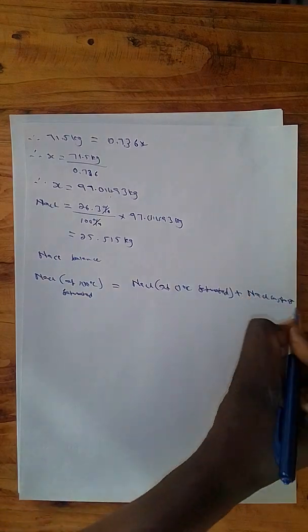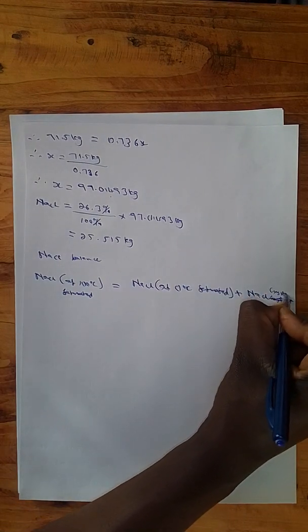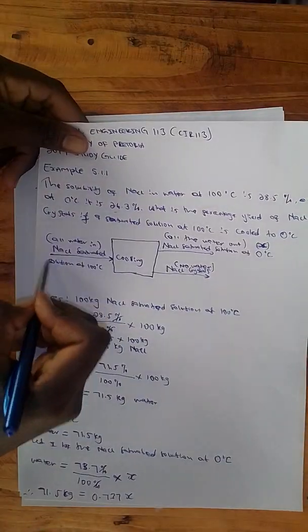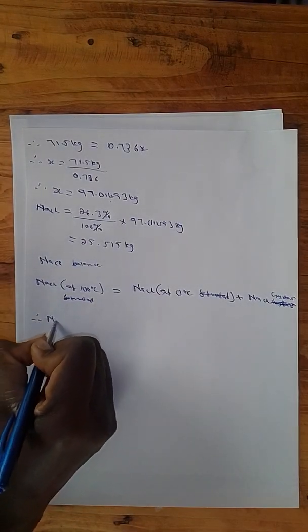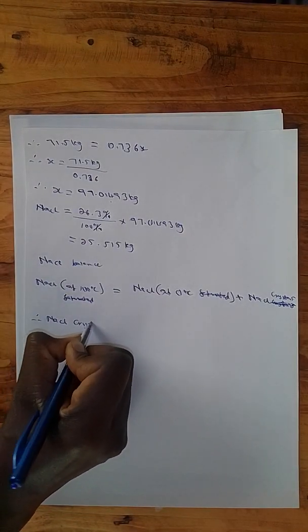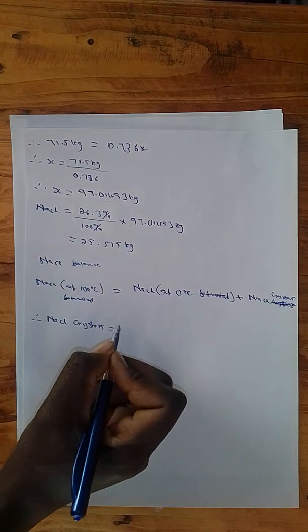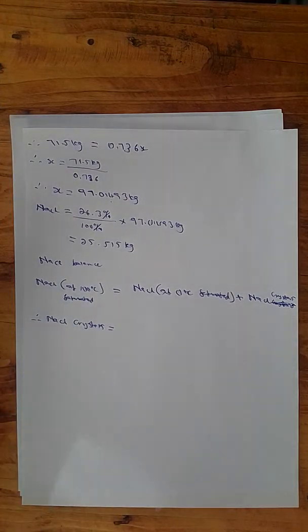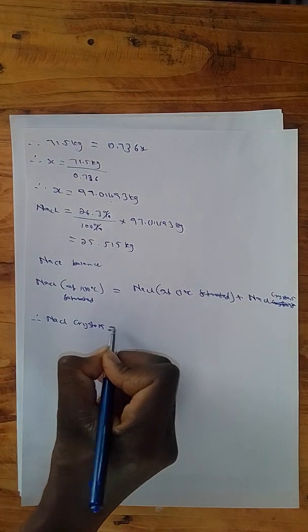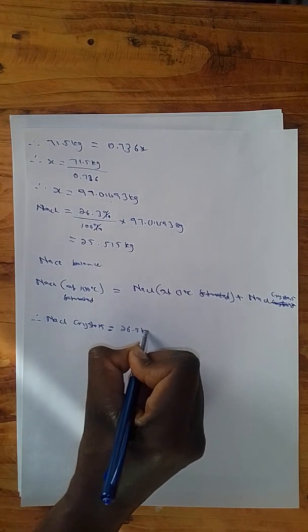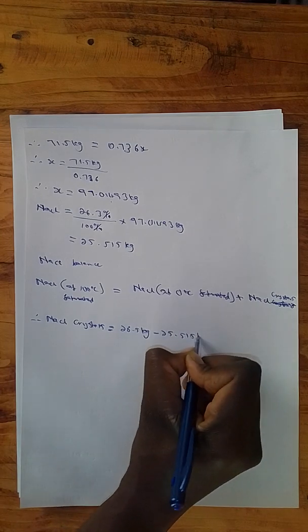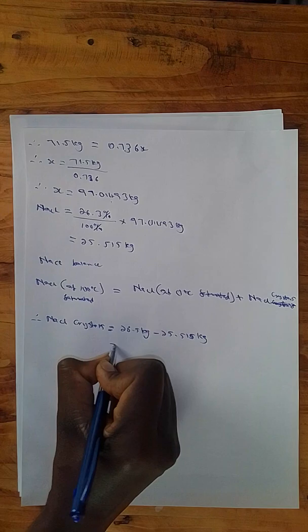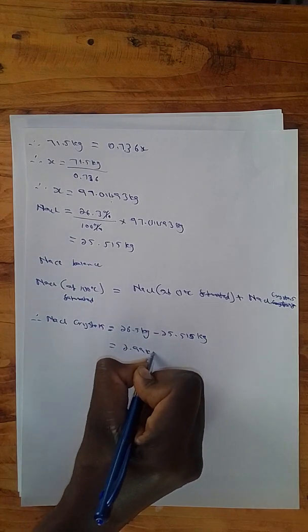The total NaCl here equals this NaCl plus that one. So the NaCl crystals equal 28.5 kilograms minus 25.515 kilograms, which equals 2.99 kilograms.